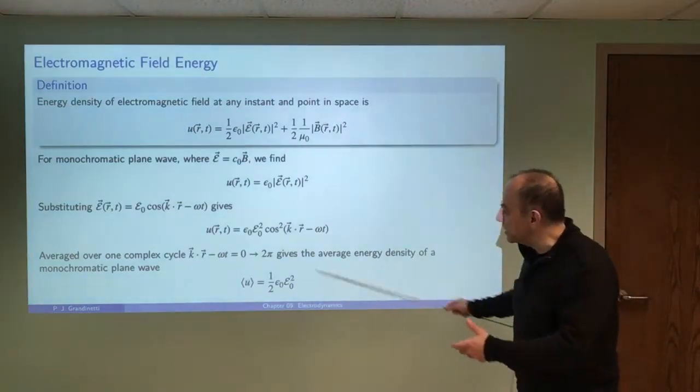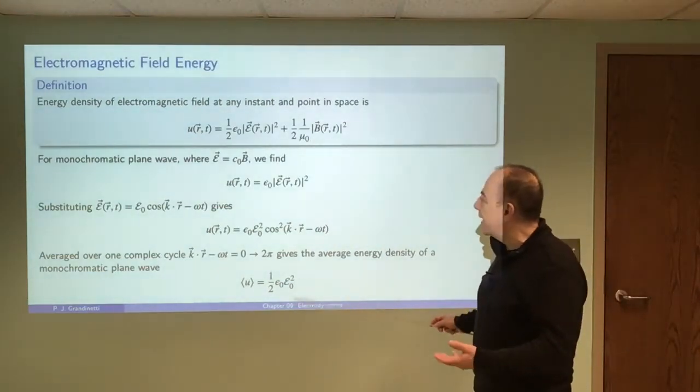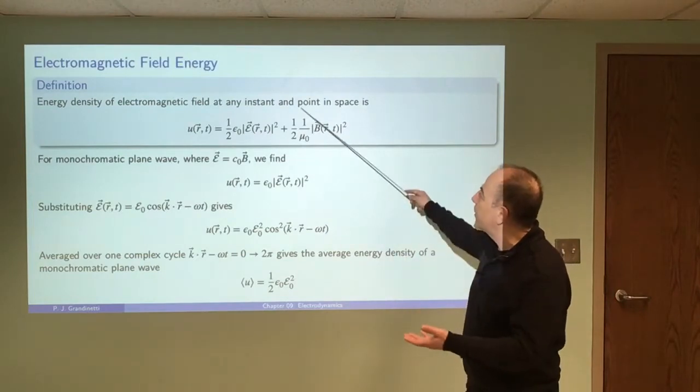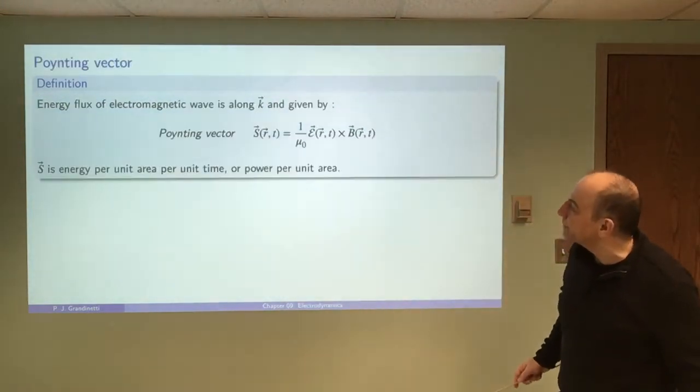All right, so that's probably no surprise given what we know from classical waves. And this is the result we get for a monochromatic plane wave. But if you wanted to be more general, you can always go back to this expression up here.